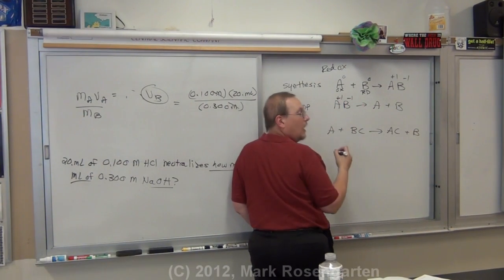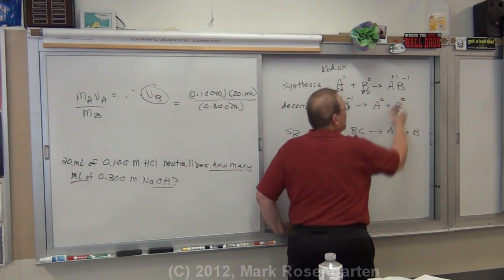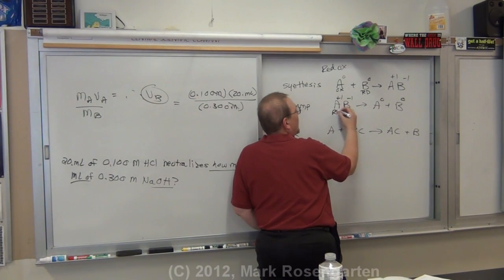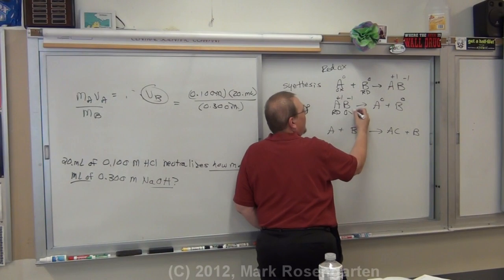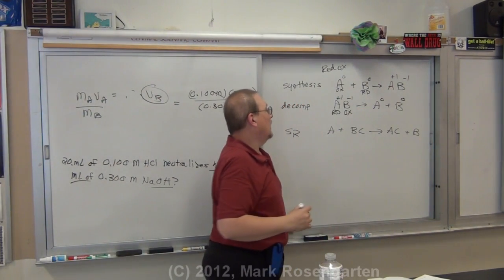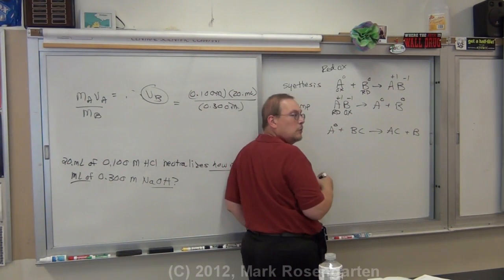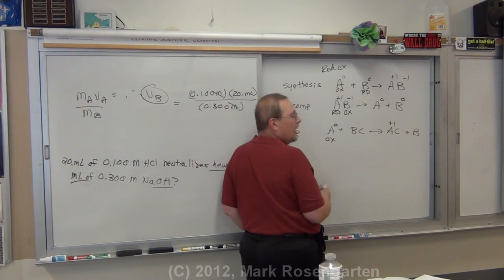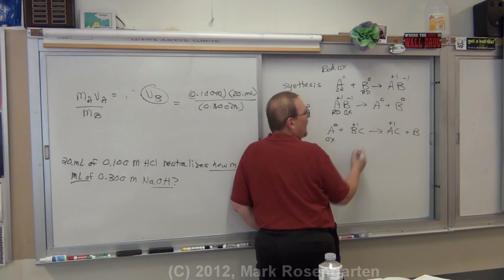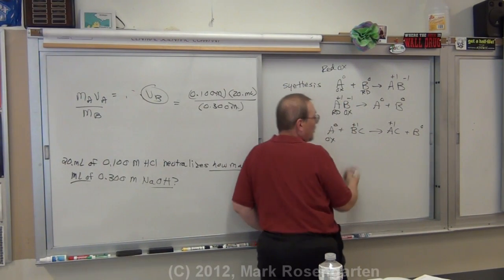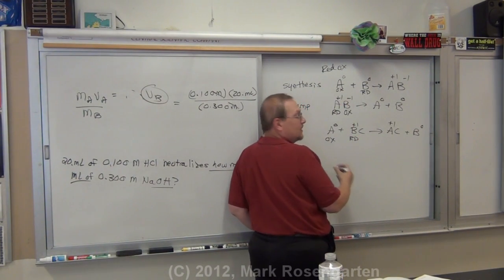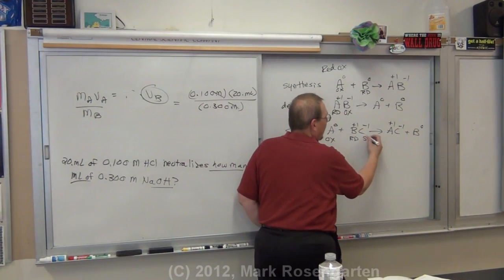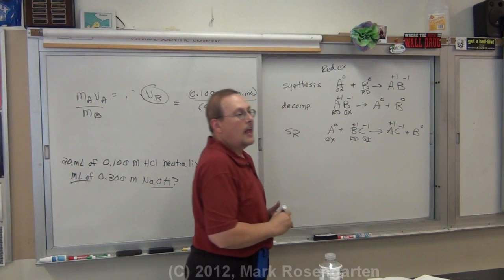Elements are charged in a compound, they're not charged when they're by themselves. A plus was reduced, B minus was oxidized. In single replacement, A was by itself, now it's in a compound, it was oxidized. B was in a compound, now it's by itself, it was reduced. Well, C sits on its big fat pimply butt just watching, making it a spectator ion.